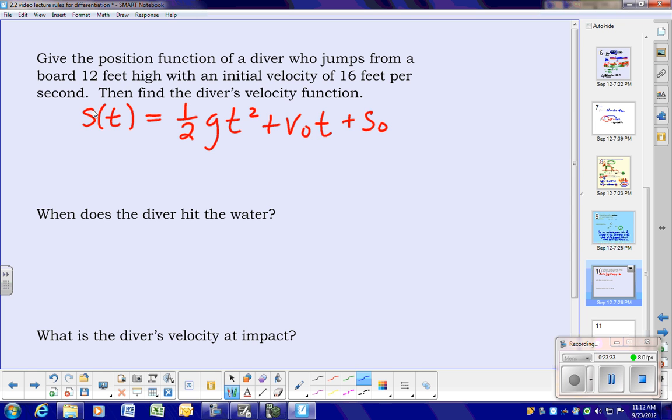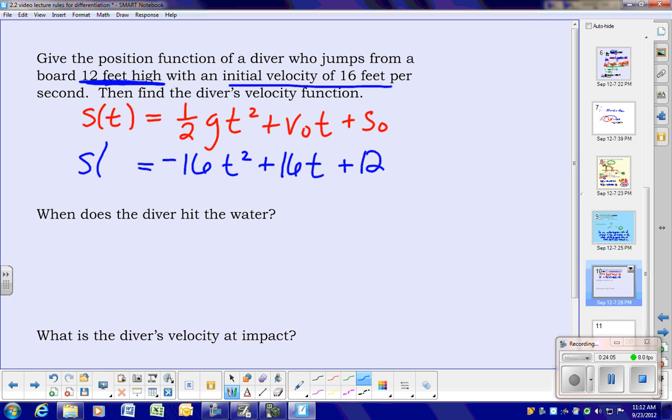The gravitational constant is negative 32 when we're dealing in feet, so negative 32 times 1/2, negative 16, t squared. The initial velocity was 16 feet per second, so 16 goes in that slot. And the board they jumped off of was 12 feet high, so that's a 12. Here is the position function.